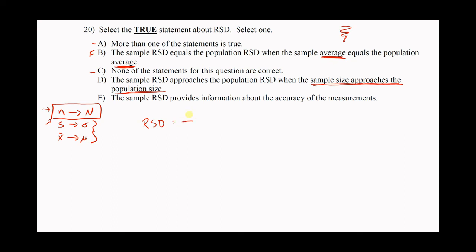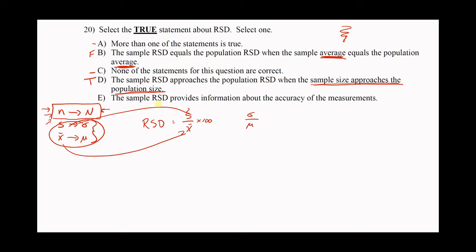RSD is simply standard deviation divided by the average. And both of those approach the population values as n approaches big N. So this is absolutely true. I'm just combining these into one term, which is RSD.